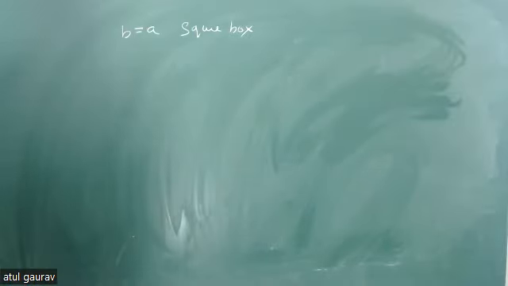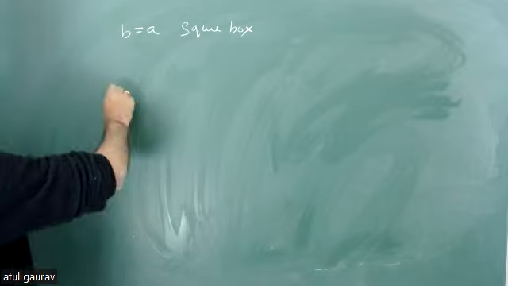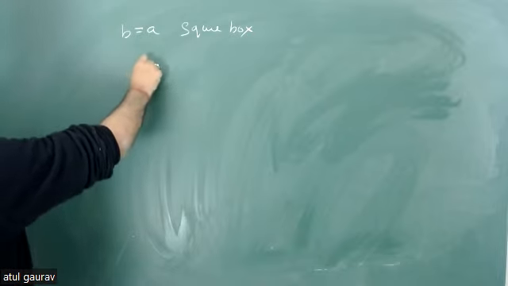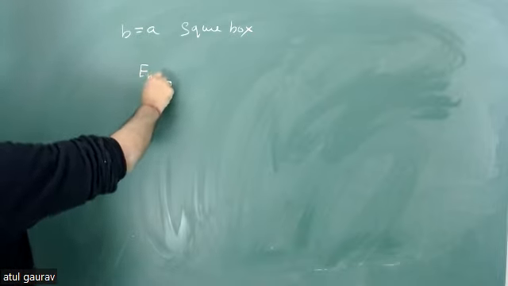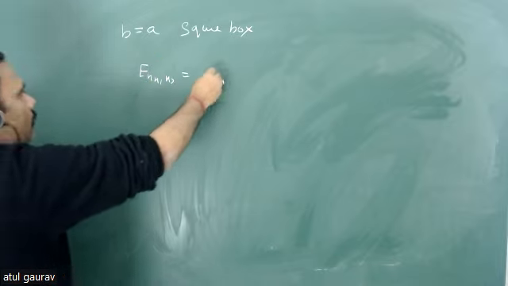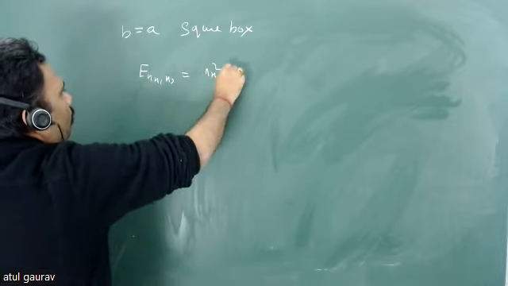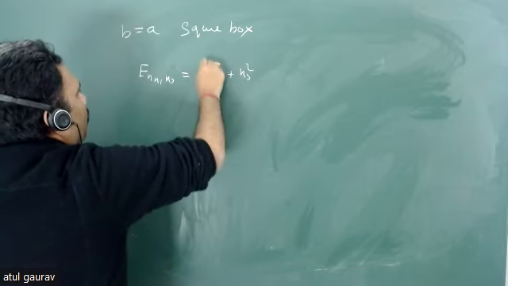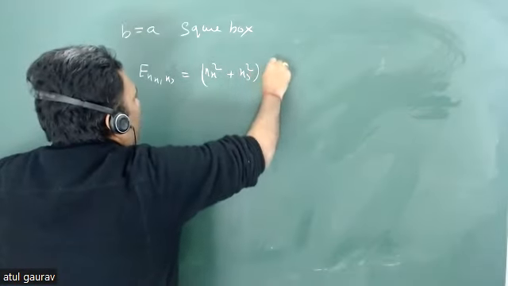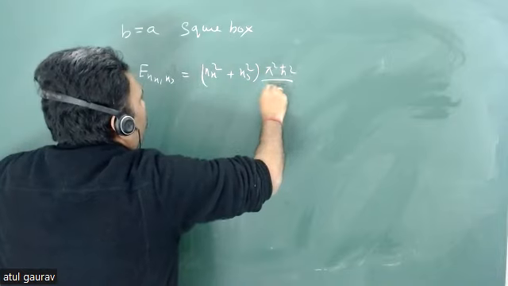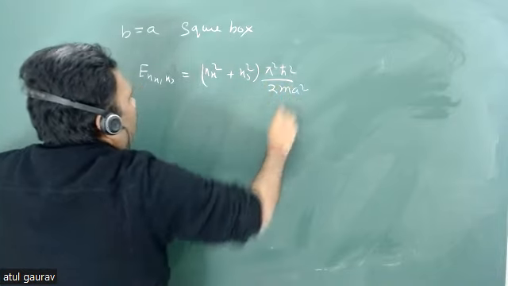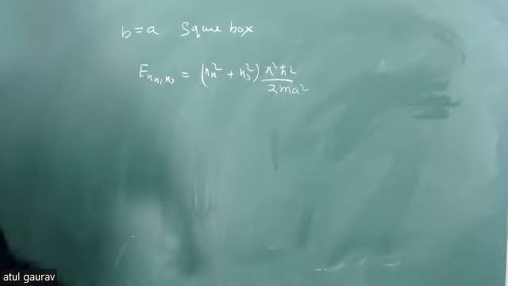So what you have? So b is equal to a. What is your E nx ny? E nx ny is equal to nx square plus ny square times pi square h cut square upon 2m a square. Now what will be your ground state?